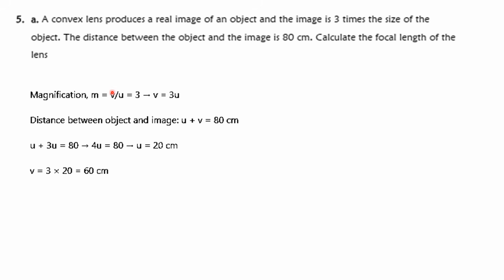So we are saying magnification, M, is equal to image distance divided by object distance, but M is 3.